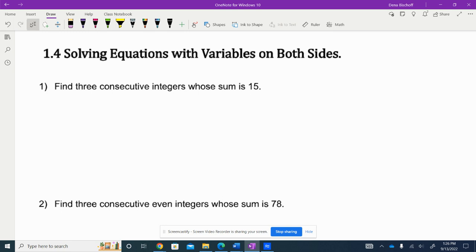So we're finding three consecutive integers. So I need to have my first number, my second number, and my third number. I'm going to define my variables. These are my variables, okay? I'm going to just write first, second, and third.